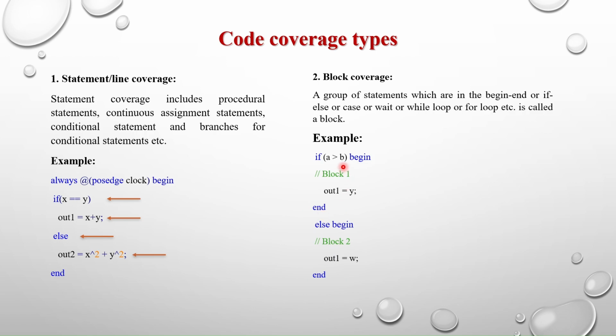Here it will not check whether the condition is true or false. It doesn't matter whether the condition evaluates to true or false, as long as the block itself is executed. It will just check whether the if block has been executed or not, or whether the else block has been executed or not. So this is block coverage.